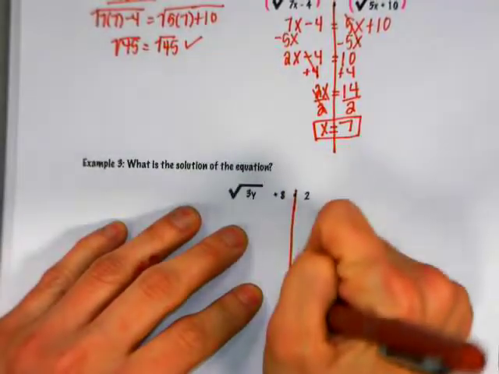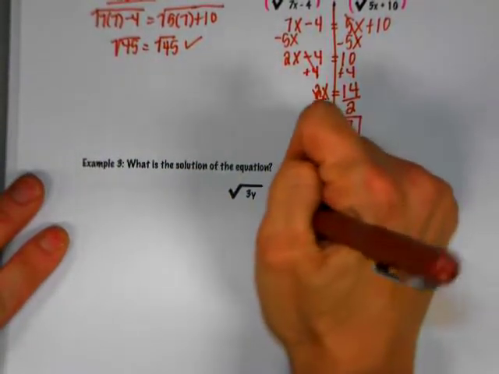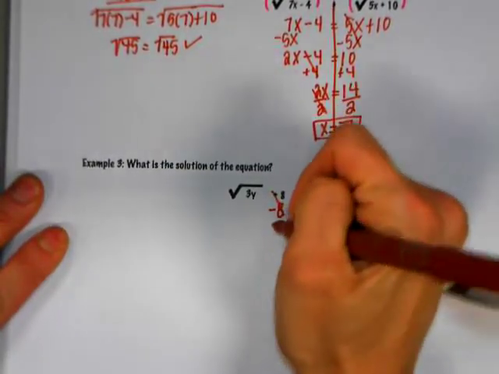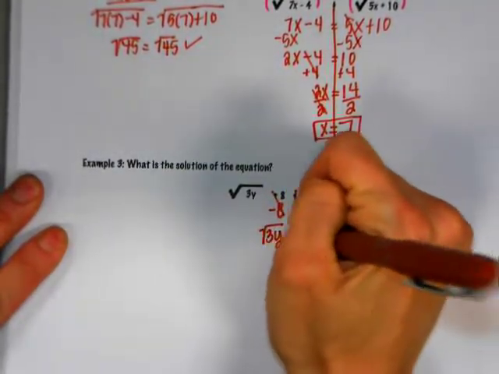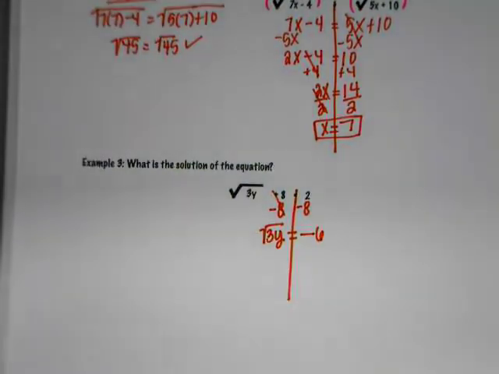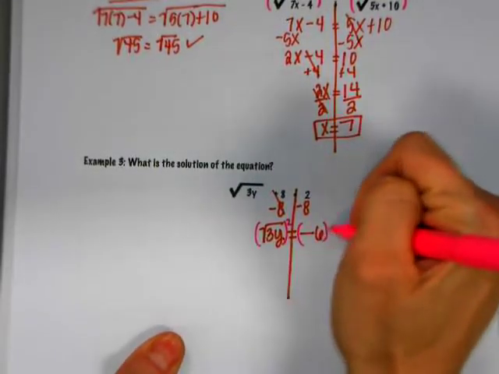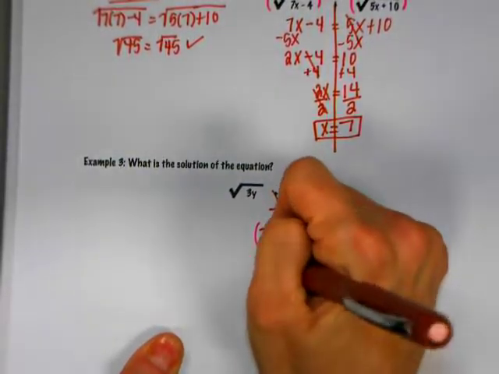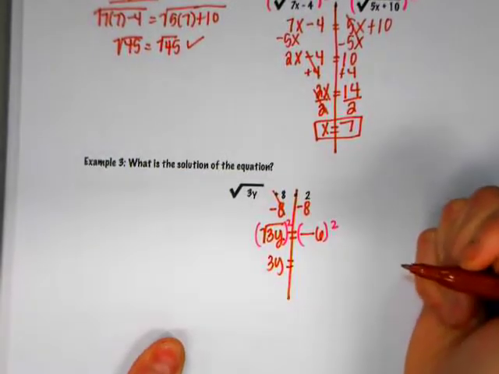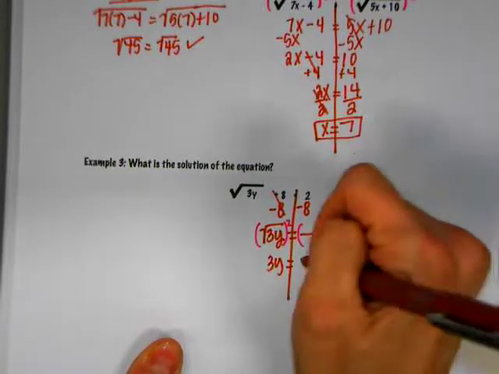All right, what do I do first on this one? Yep, subtract 8 to get the radical by itself. Okay, and then now that the radical is by itself, what do I do? Square both sides. So that's just going to be 3y. And then what's negative 6 times negative 6? 36, yep.